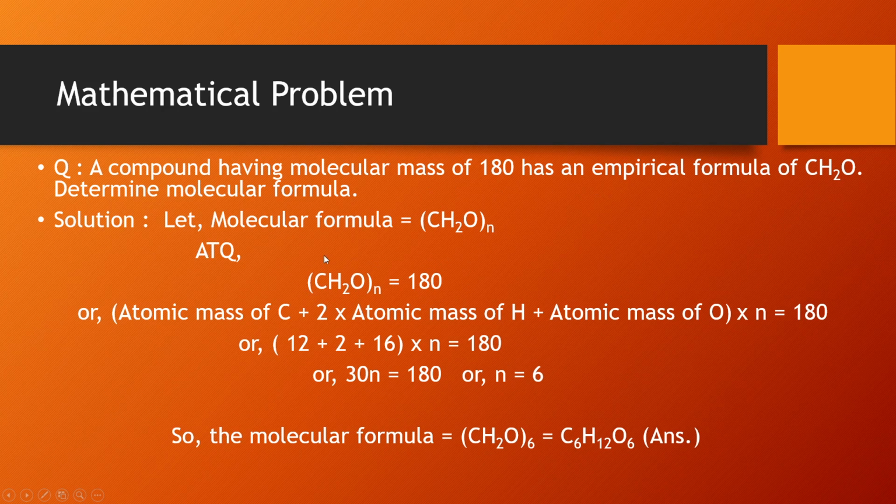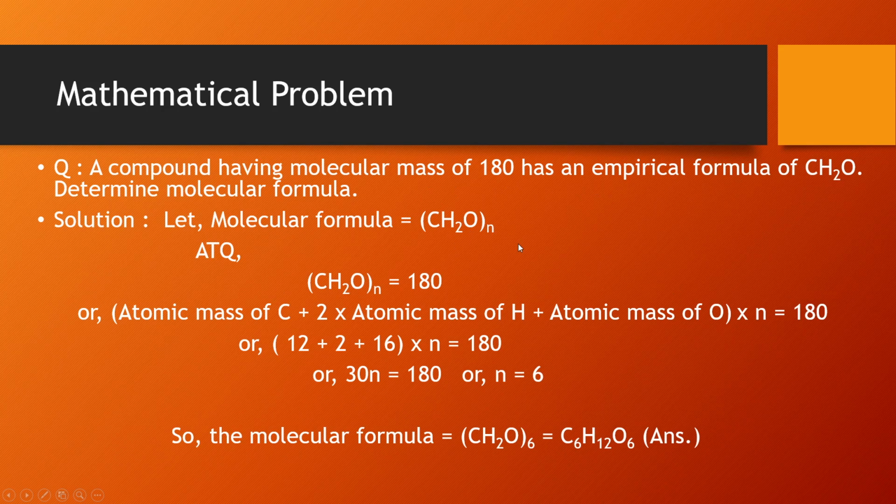So this is the equation according to the question. In this first bracket we have to determine individually the atomic mass of carbon, hydrogen and oxygen. So the value will be obtained by this equation, and the value of n should be obtained from this process.